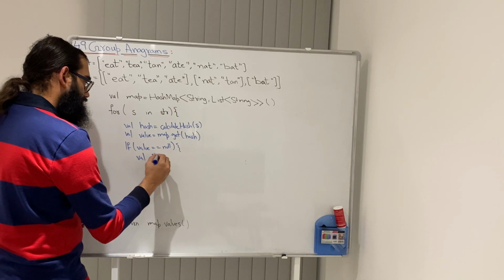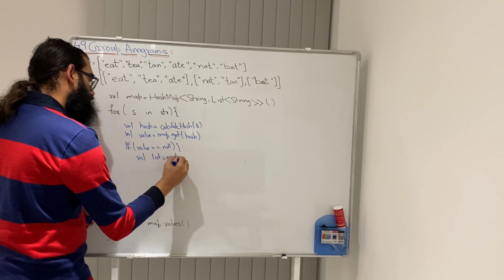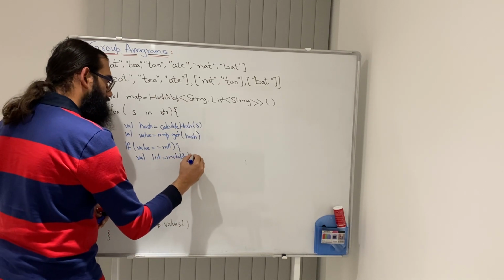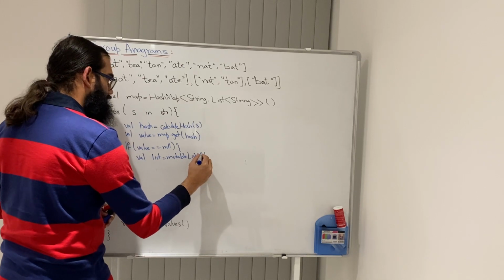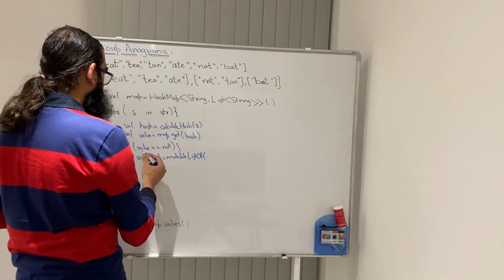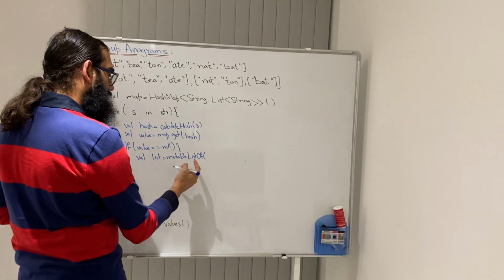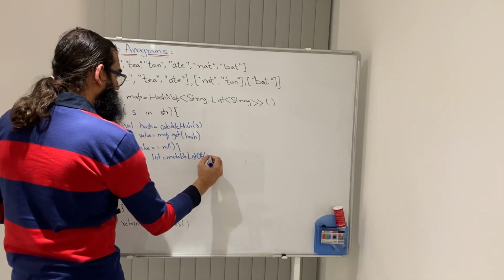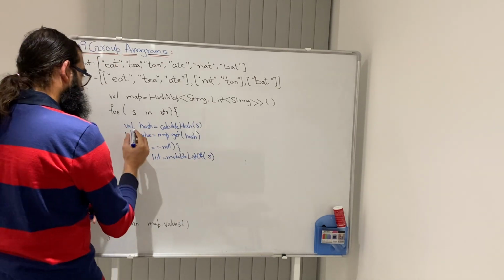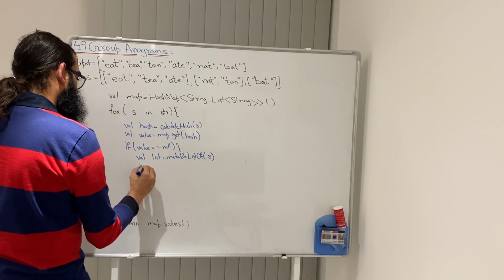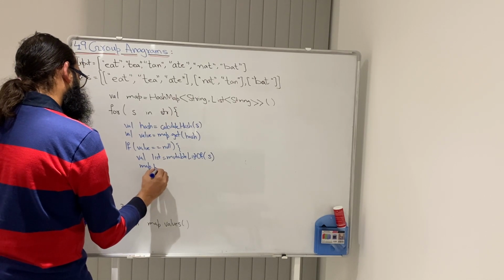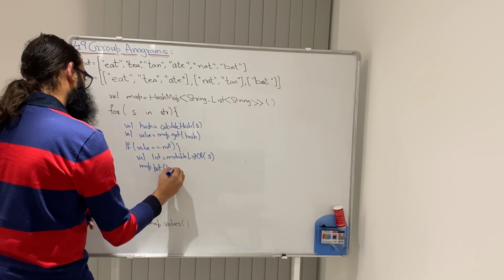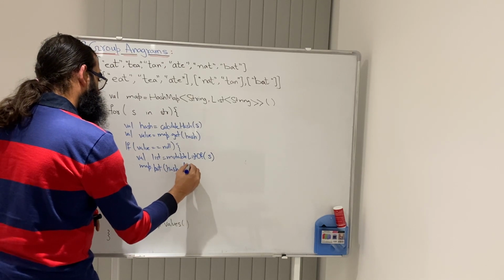So a mutable list of, and what I need to put in this case is my value s and my key will be hash, and then I will put map dot put hash and list.